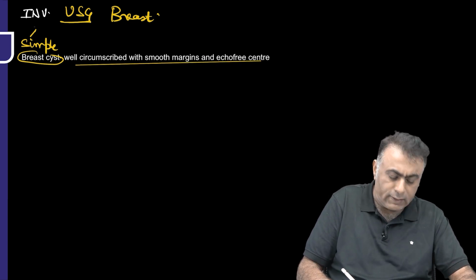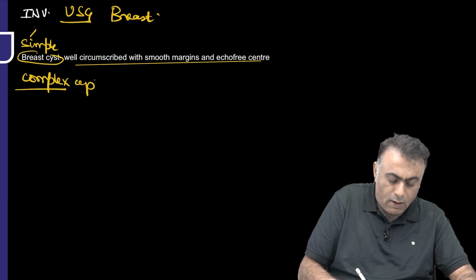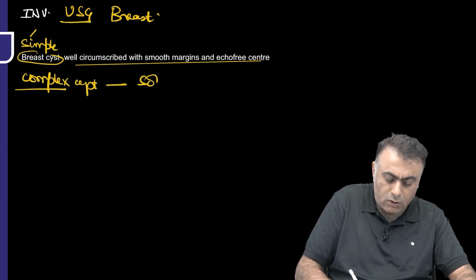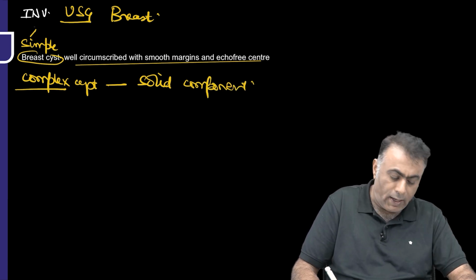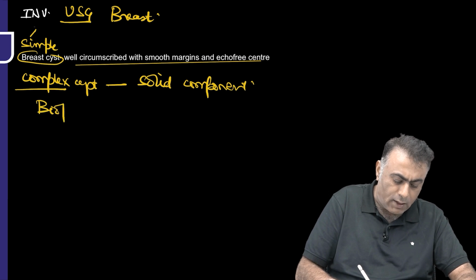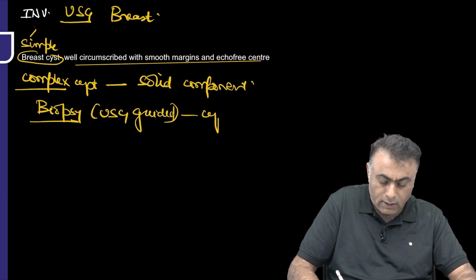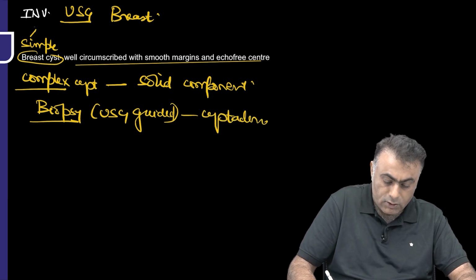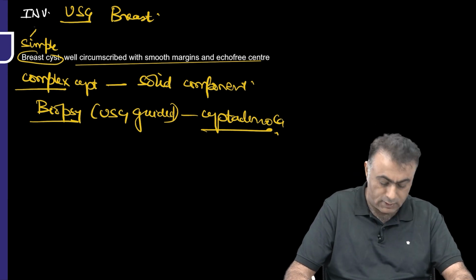But at times breast cysts can be complex as well, when they contain a solid component. When there is a complex cyst, an ultrasound guided biopsy should always be taken to rule out a cyst adenocarcinoma.